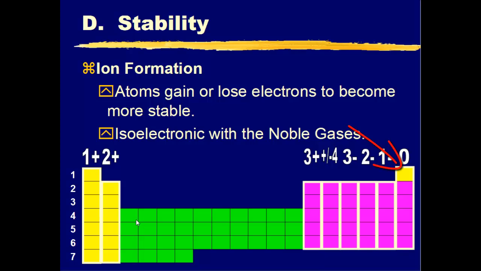Lithium would look like helium, a noble gas. Every other element in all the other groups does the same exact thing. They lose or gain electrons so that they look like the same configuration as the nearest noble gas.